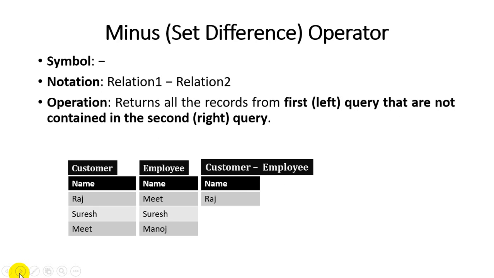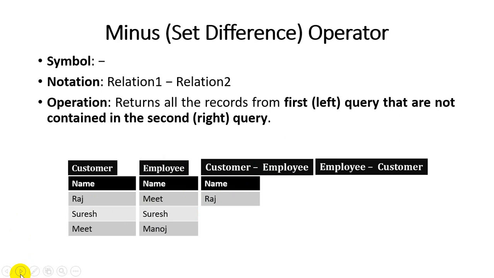Applying the minus operator, the name Raj is the final result, because it returns all the records from the first, left query that are not contained, meaning the Raj record is not matched in the right-hand side relation, employee. So Raj is the final output of customer minus employee. Now let's see with the example.